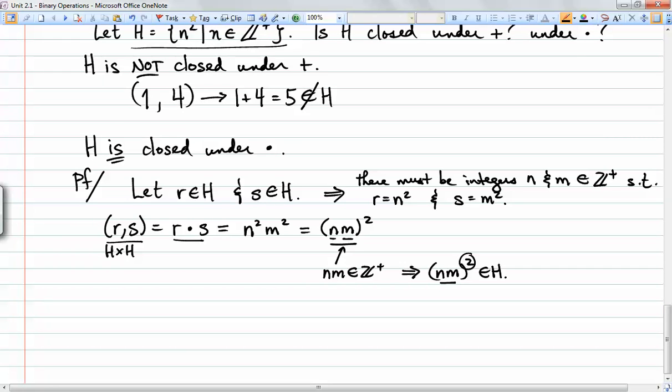I take an ordered pair, I multiply them, and I end up with another element that's in H. So H is closed under multiplication.